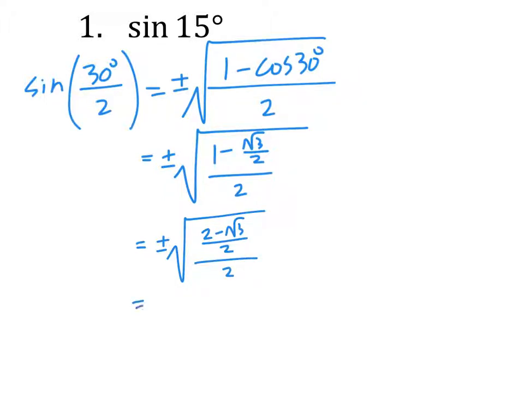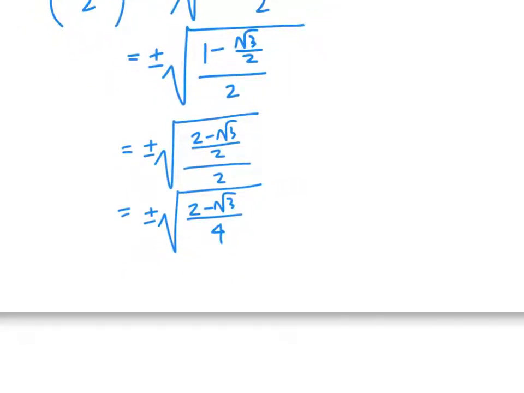Okay, simplify this some more. Plus minus square root of 2 minus square root 3 over 4. Okay, the denominators multiply together. Square root of the top is just nothing, so we leave it as is. 2 minus square root 3. In the denominator is just a 2.